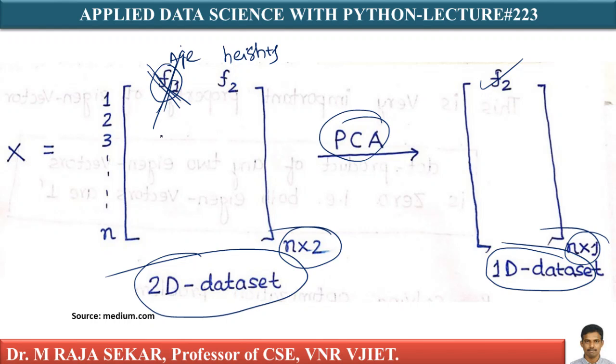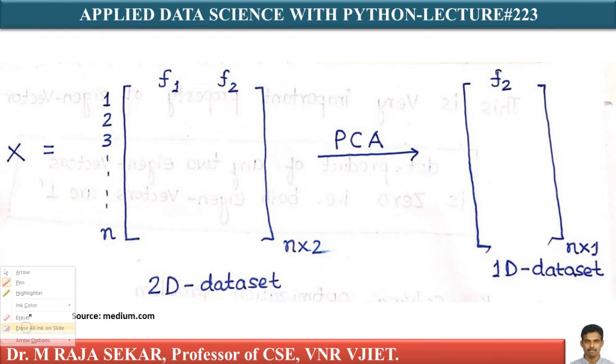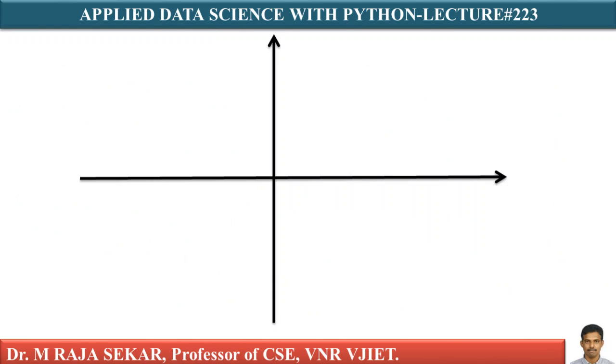As feature 1 has less information, less variance, less spread, PCA removes feature 1 and preserves feature 2. Therefore, your n by 2 data matrix is converted into an n by 1 data matrix. That is dimensionality reduction.